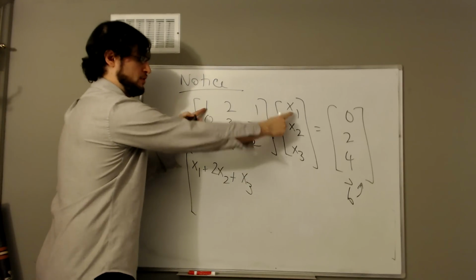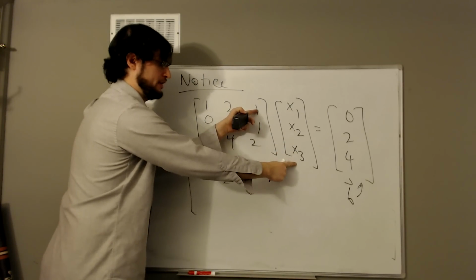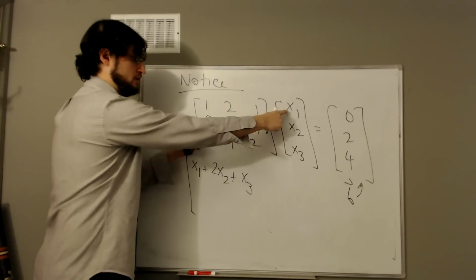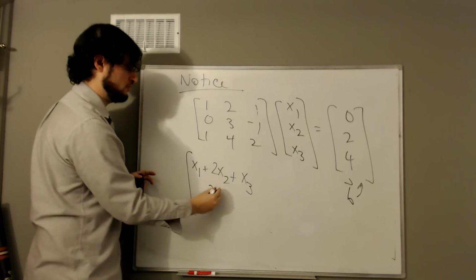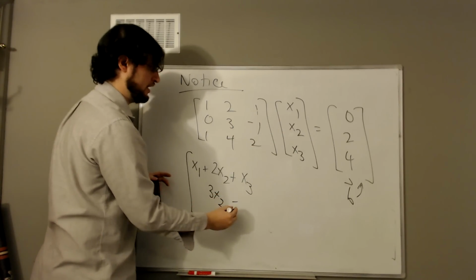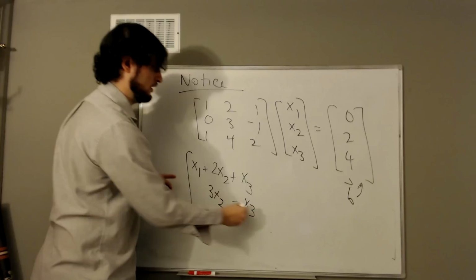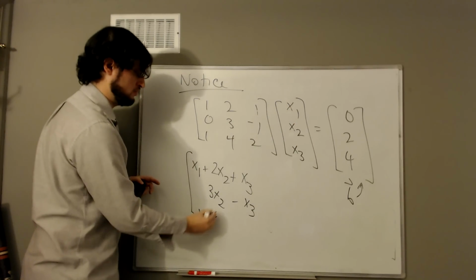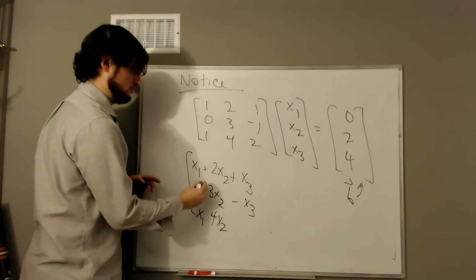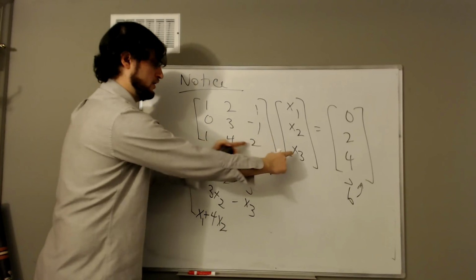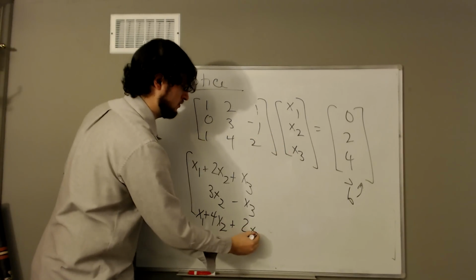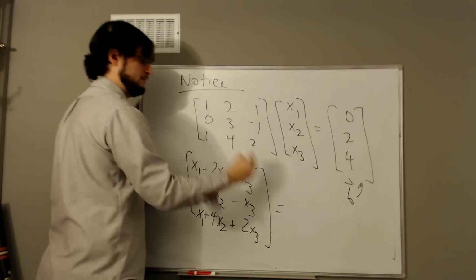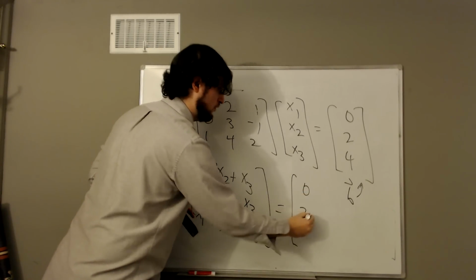The next one, 0 times x1, 3x2, and then minus x3. And the last one, x1, 4x2, and then 2x3. So that's this left-hand side. That has to equal 0, 2, 4.